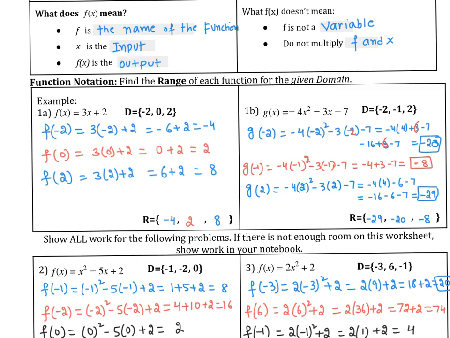So that's going to give me here, instead of negative 20, negative 17. So this is not the answer. It's negative 17. And we're going to get here negative 17. So negative 29, negative 17, and negative 8.